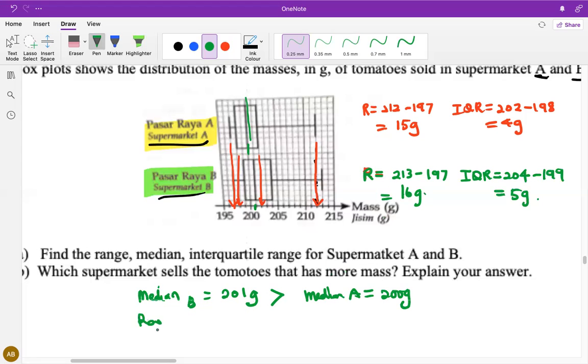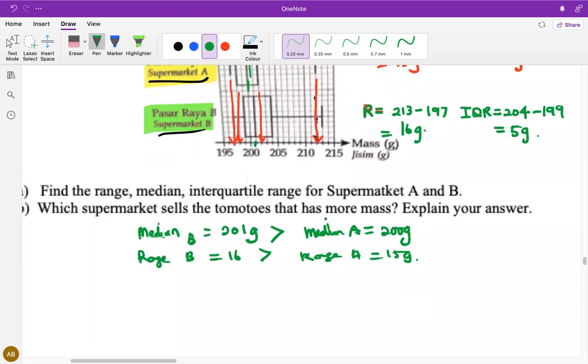So the range of B is 16, also greater than the range of A, that is 15 gram. Okay, so that means supermarket B sells more tomato that has more mass.